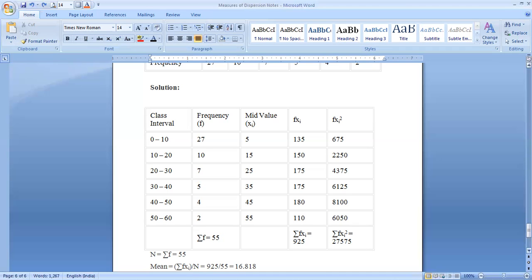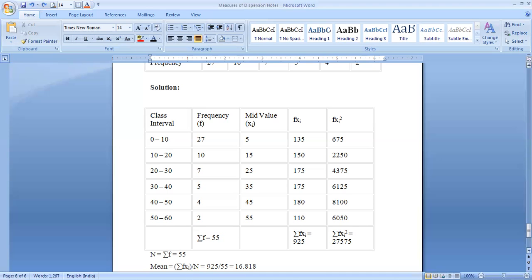Next we take the term fi xi. We are required to multiply the column of fi with the column of xi, and we get the values 135, 150, 175, 175, 180 and 110.